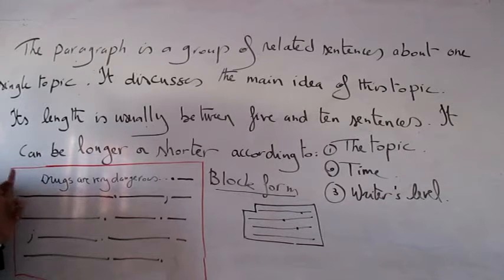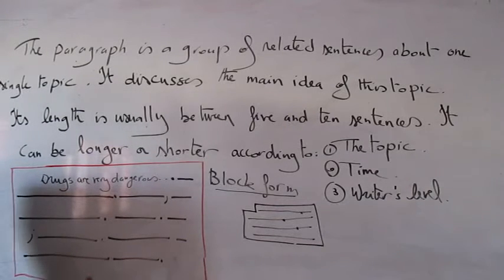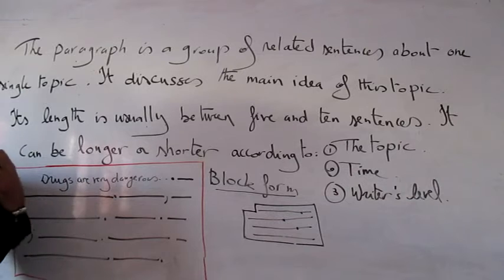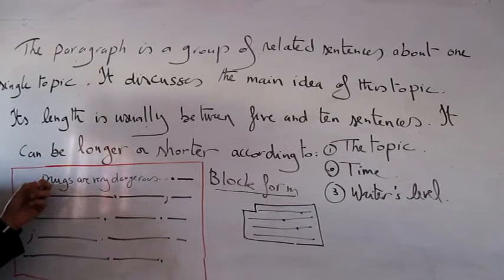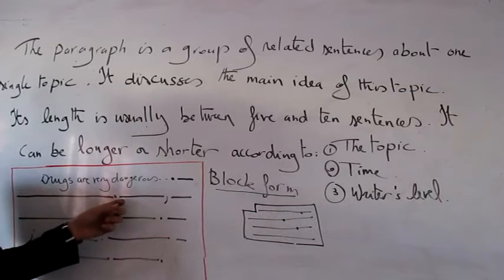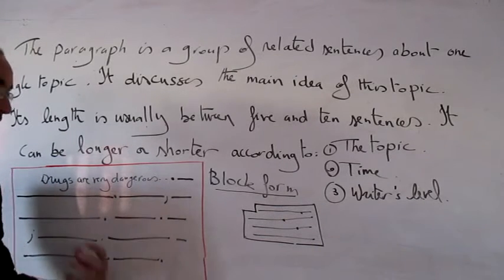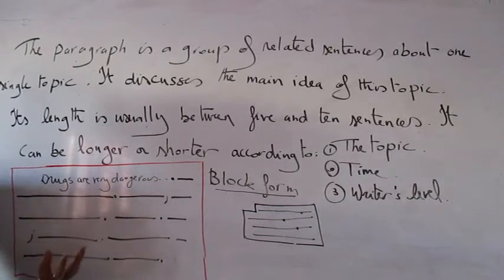Also, in the paragraph, which is a group of sentences, you must always start your sentences with capitalized words. Whenever you put a full stop, you have to capitalize your word and continue your writing. Clear? So, here is the block form of the English paragraph.